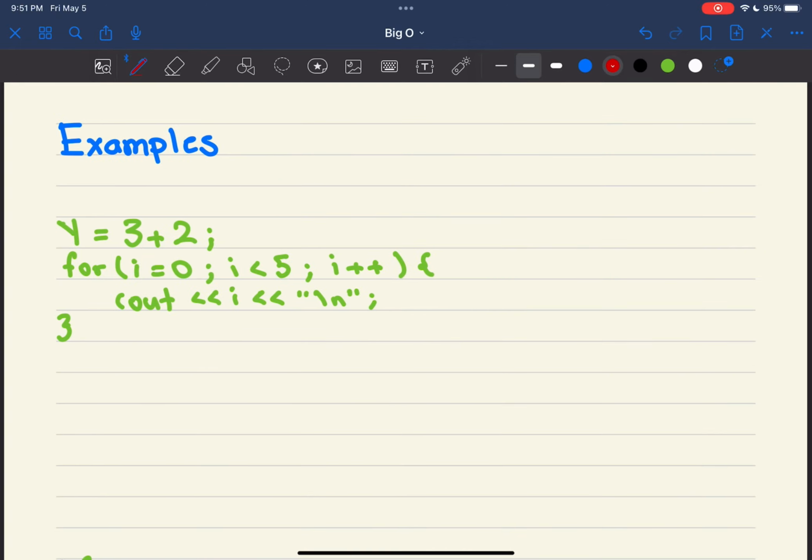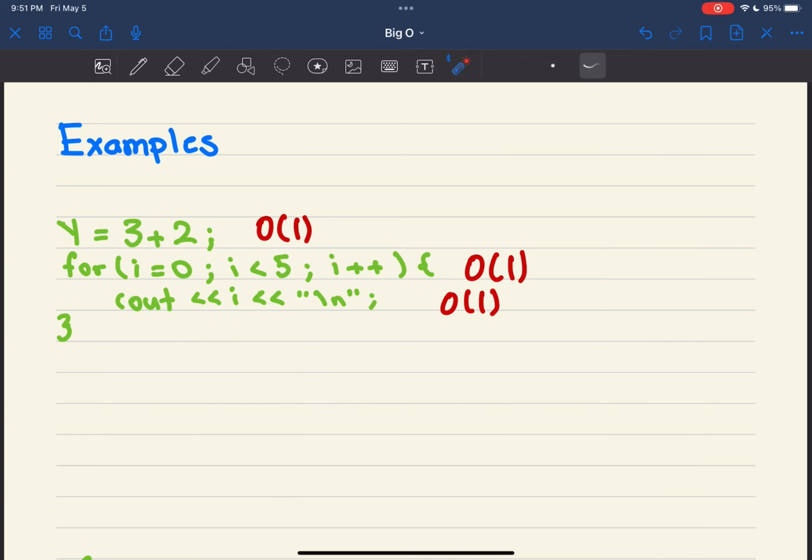Let's look at a few examples. So in this case here, in this line, we are adding two integers together and storing them in y. This runs at a constant time, or big O of 1. Then we have a for loop that runs until a constant and executes this print statement at a constant time as well. So we have O of 1 and O of 1.